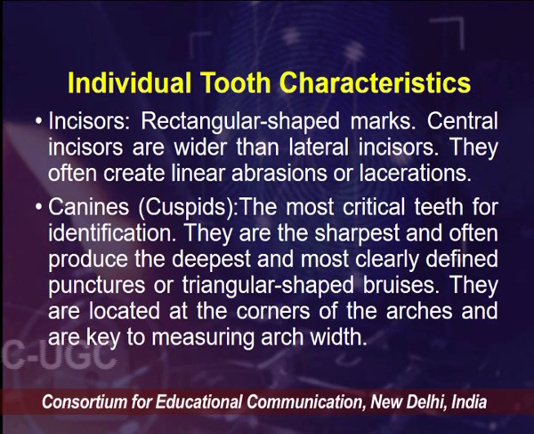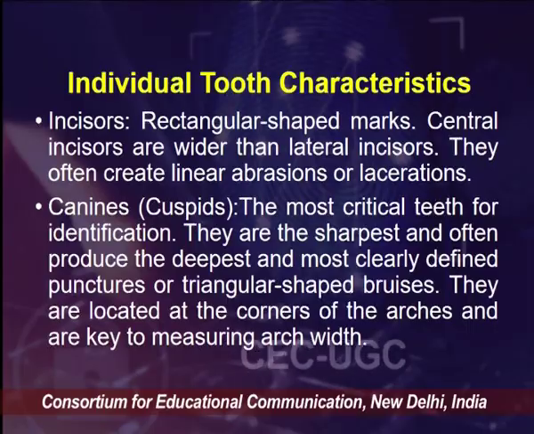The incisors, the central as well as the lateral, create linear abrasions or lacerations. So the middle two teeth and the two side teeth usually create a wound which is a linear abrasion or laceration. Then coming to the fifth and sixth teeth, one on each side, known as the canines or cuspids.